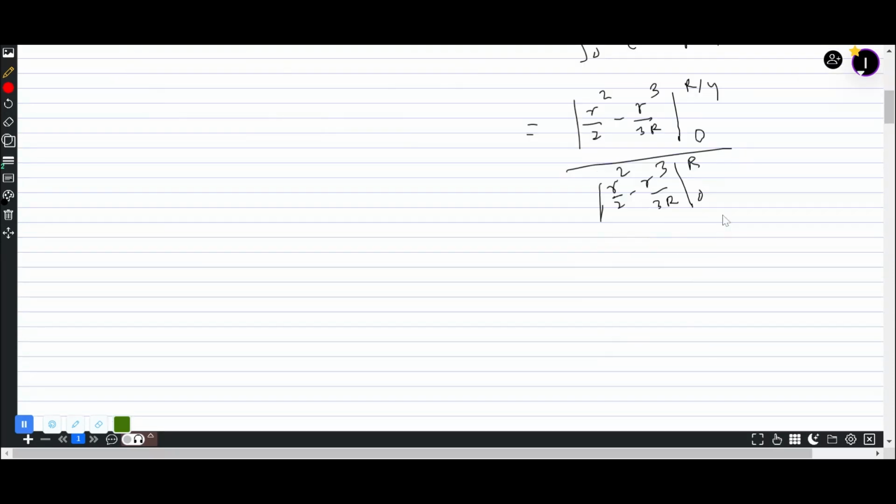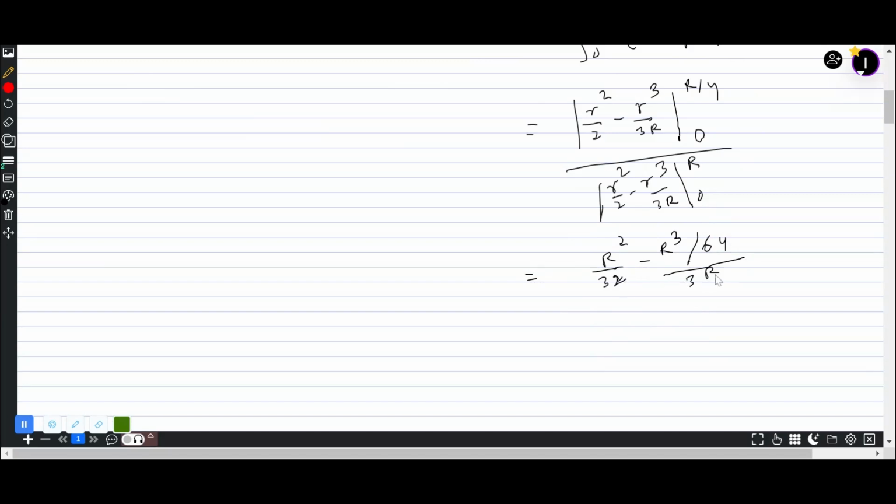We'll put these values and see what comes up. So we get R square over 32, first one, minus, what is R over 4 whole cube? That is going to be R cube over 64 anyway. Let's keep it like this. Yeah, this is 32.